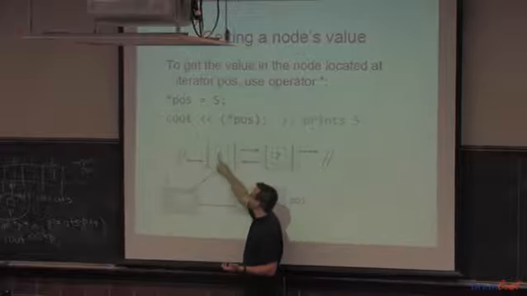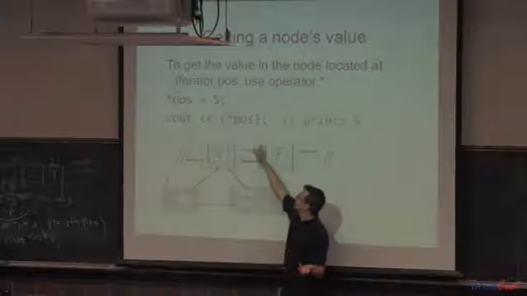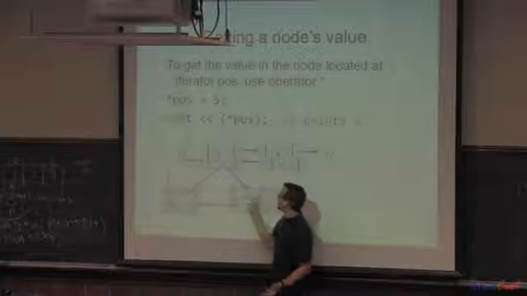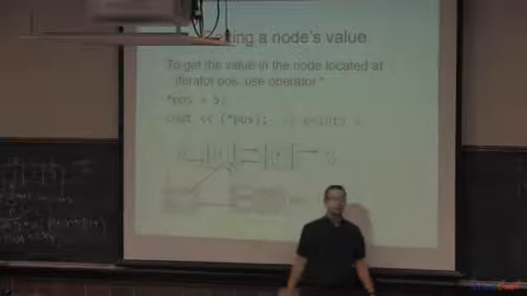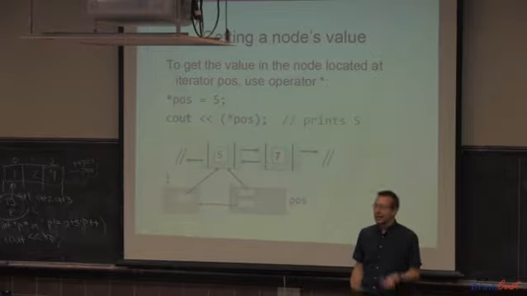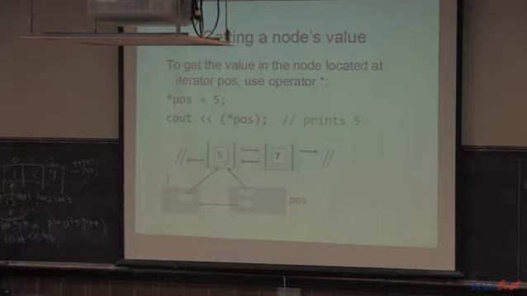It changes the data value to 5 for this iterator, POS. And then I can just print out its value by doing cout << *POS, and that prints out the 5. So whatever data that position is pointing to. Okay? So again, they're just like pointers, notationally speaking. In fact, they are just nice, safe classes that wrap around pointers. So the objects hold the pointers. You don't get direct access to the pointer. That's the only difference. Okay?